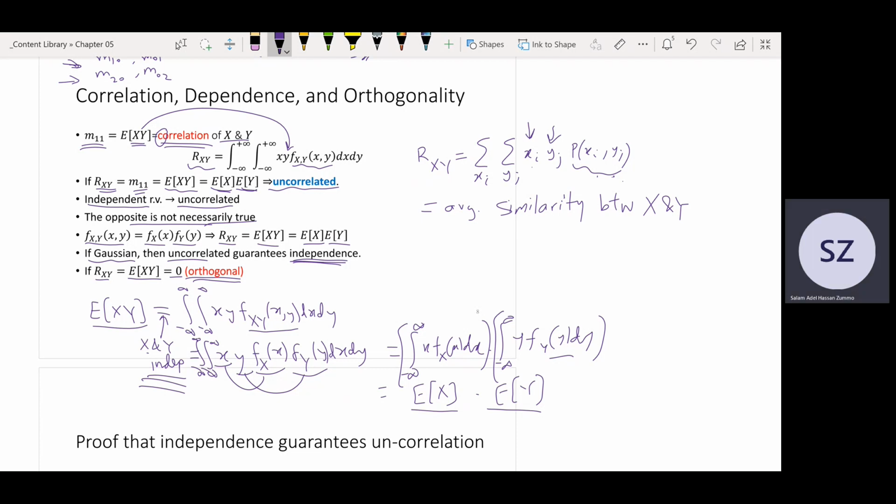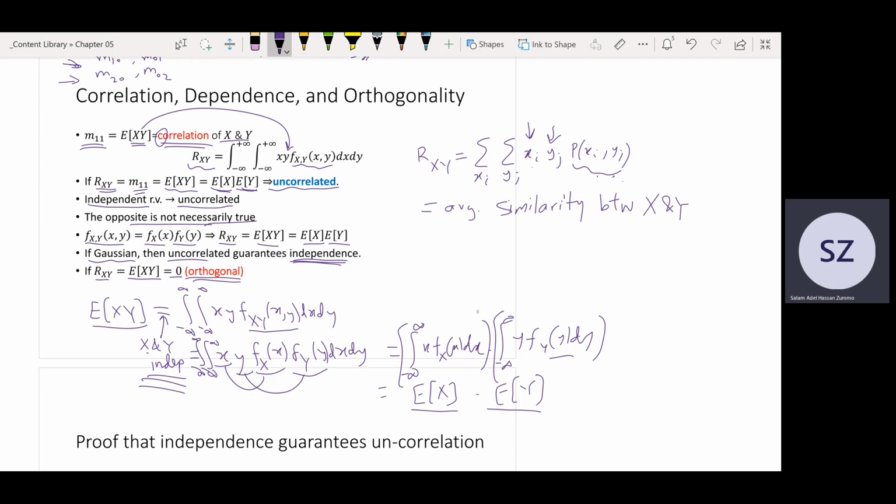However, uncorrelatedness is weaker. We don't even need to know the PDFs. What we did is we tried to verify whether the expected value of XY decoupled into the product of the two expected values. In this case, they are uncorrelated. So we say that independence is a stronger version.